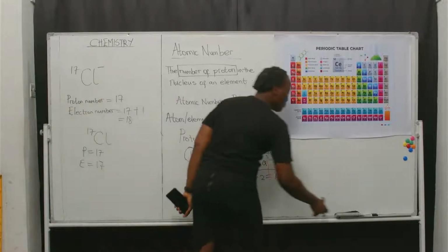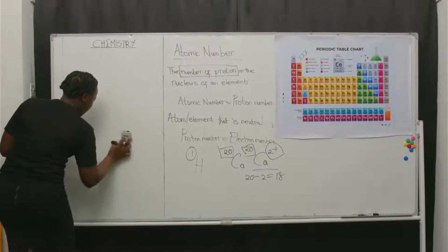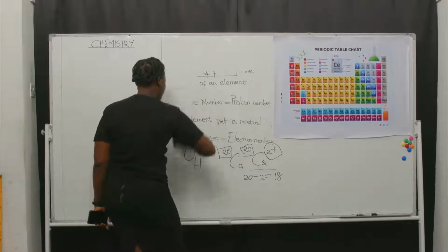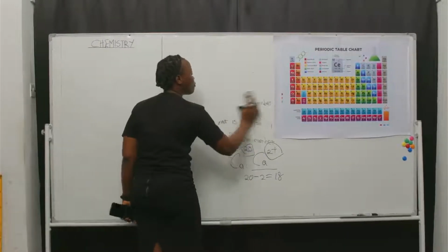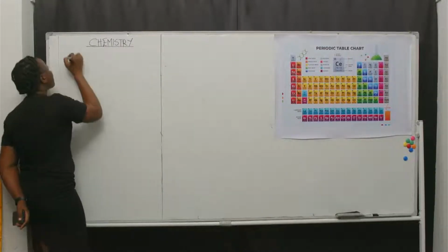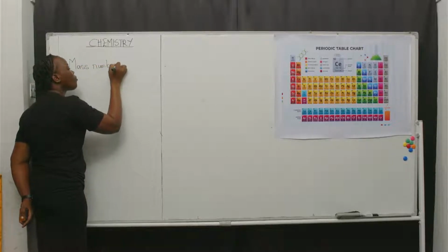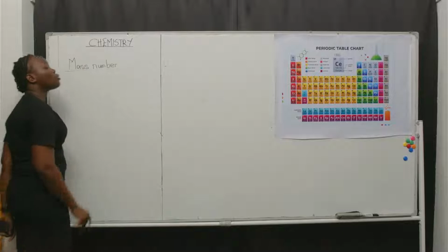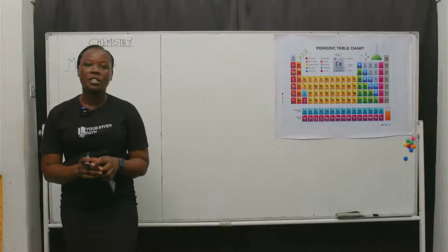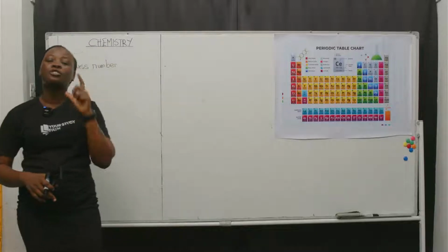Let's consider mass number. What's mass number? Mass number is the sum of the proton and the neutron of an element, the sum of the proton and the neutron in the nucleus of an element. Don't forget the structure of atom I drew.